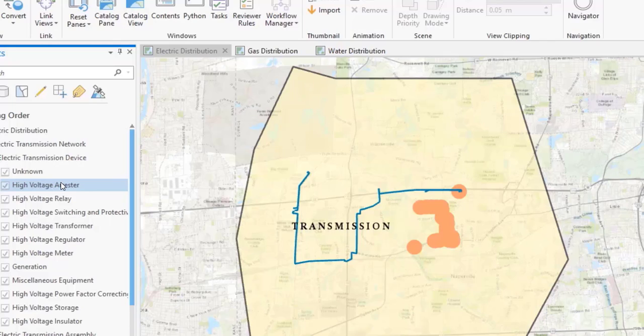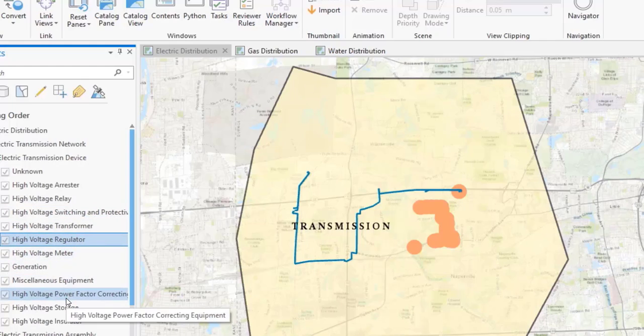A relay is a type of switch. We have other switches. So remember, devices are things that open and close. Arresters, relays, switches, these things all open and close. Transformers, regulators, power factor correcting equipment, generation, storage, these things all have properties that provide load, that start load.